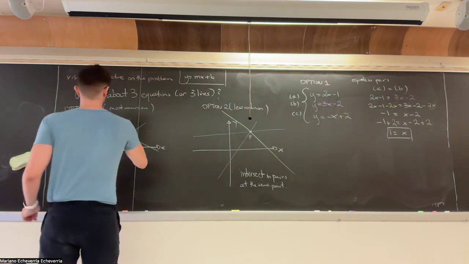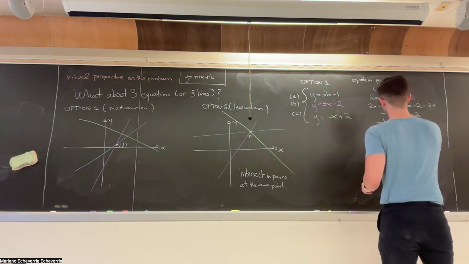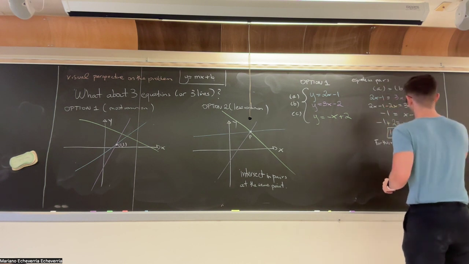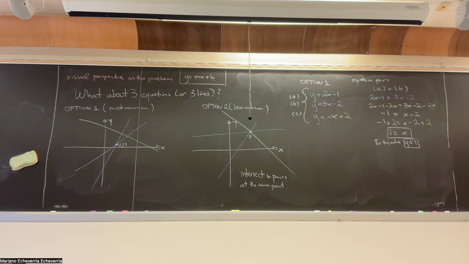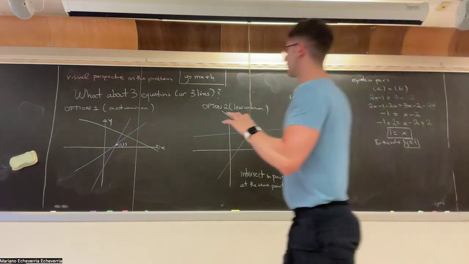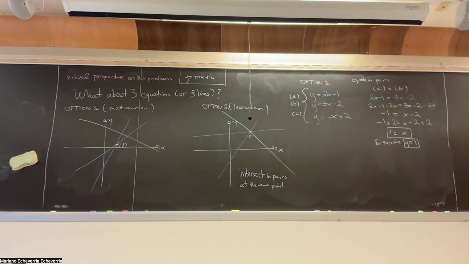So this point is (1, 1), and y equals 1 as well. So that is how the first two set equal to one another give you a point. So far, so good. That is what I get from equating the first two equations.